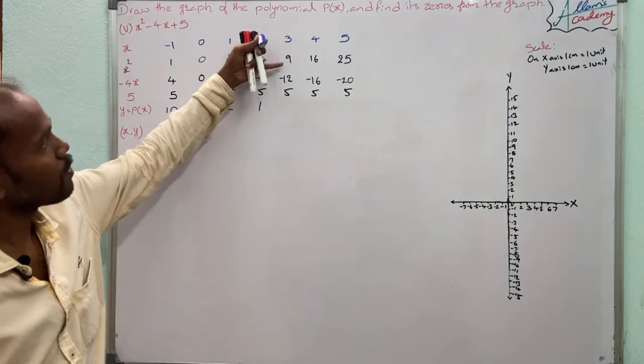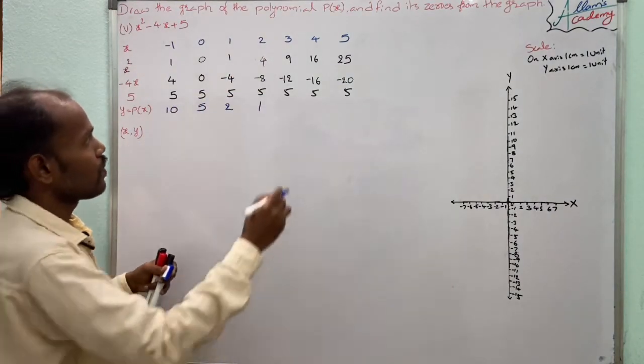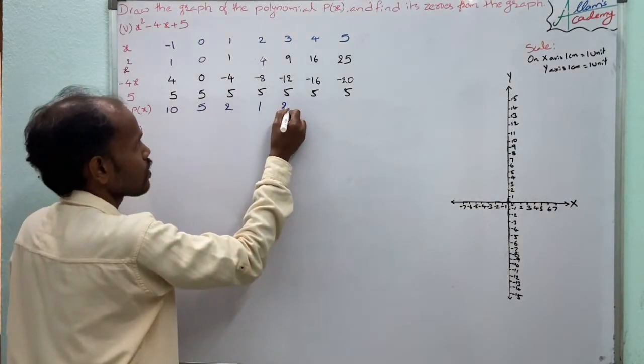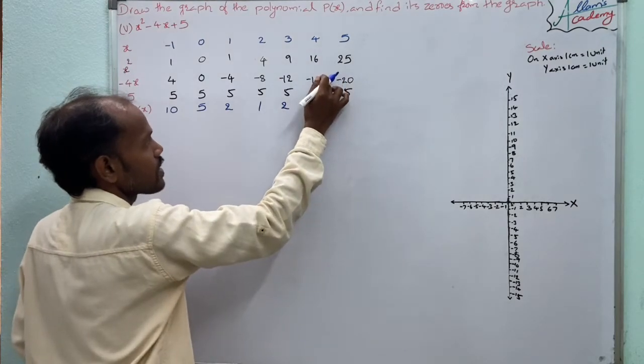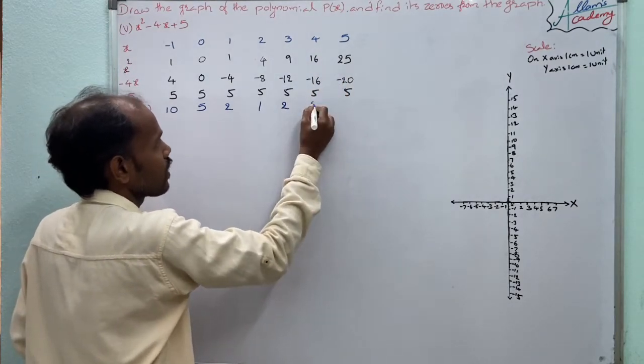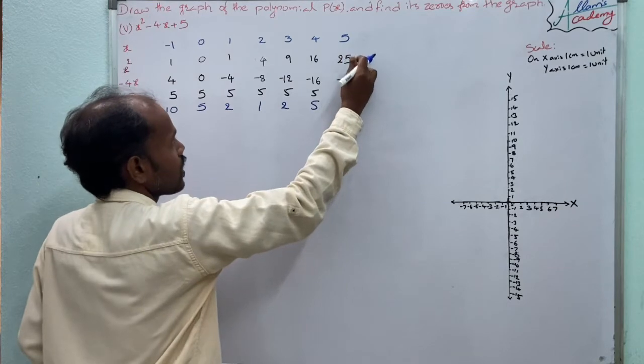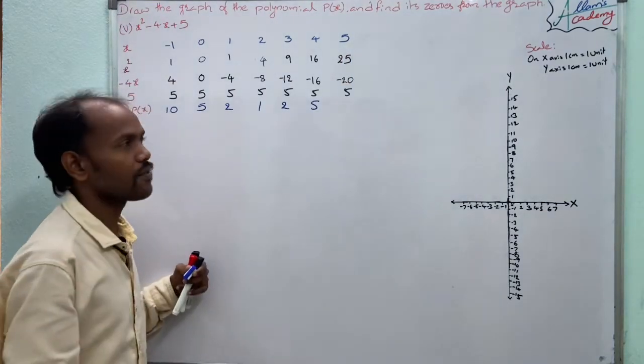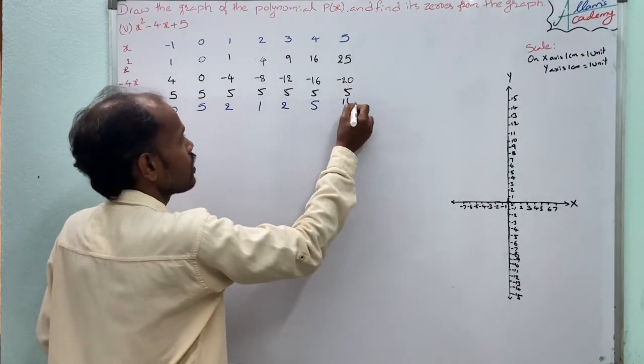Next 9 plus 5 is 14, 14 minus 12 equal to 2. 16 minus 16 is 0, 0 plus 5 equal to 5. 25 minus 20 is 5, plus 5 equal to 10 only.